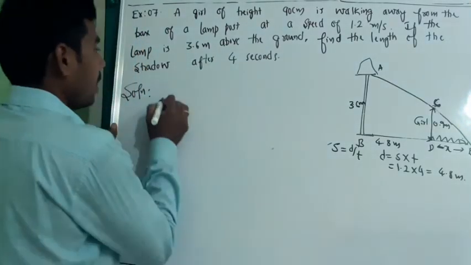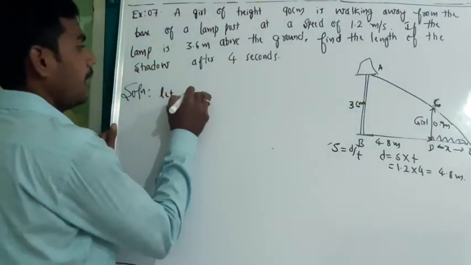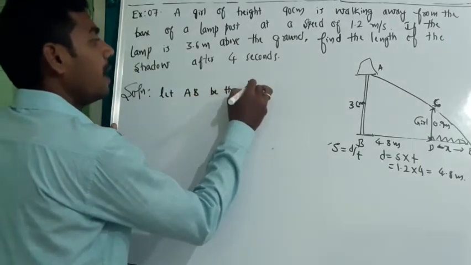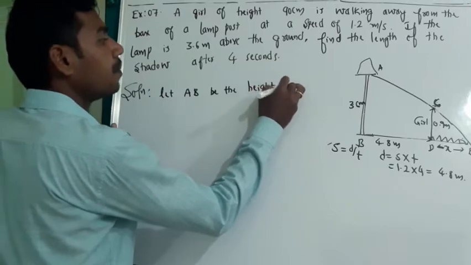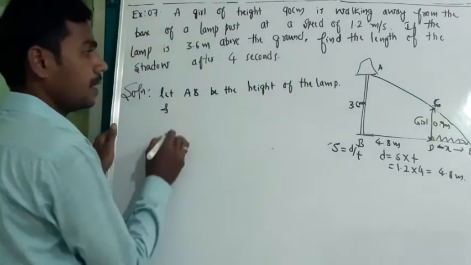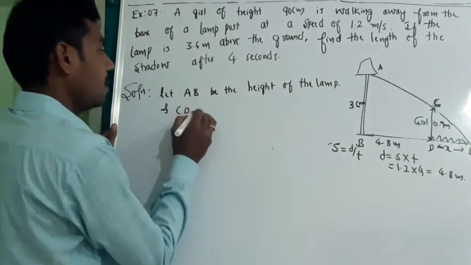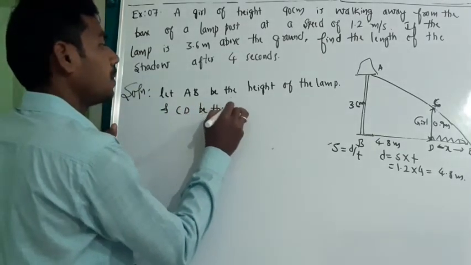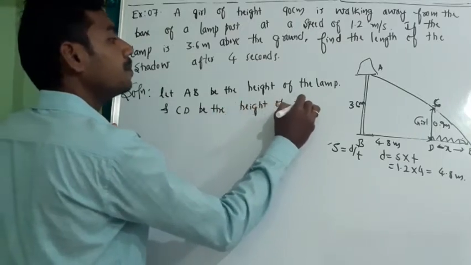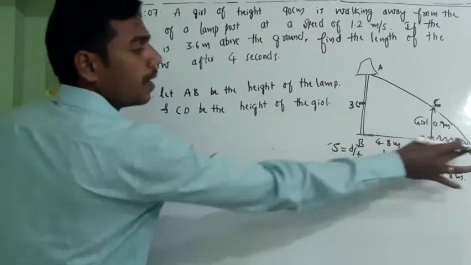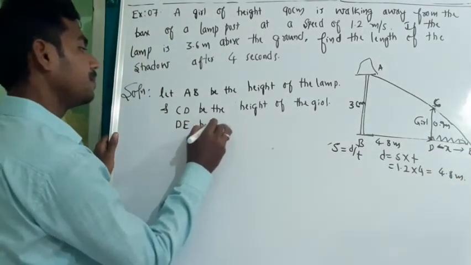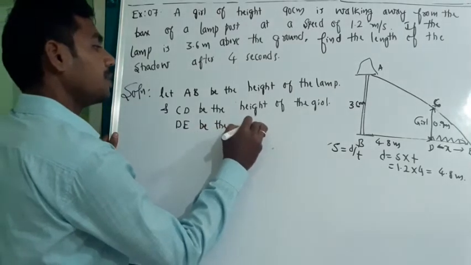Now let AB be the height of the lamp and CD be the height of the girl, and DE be the shadow of the girl.